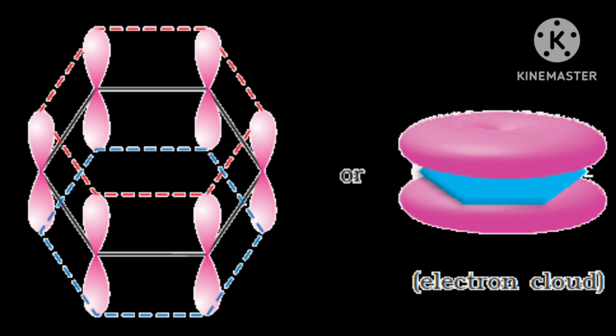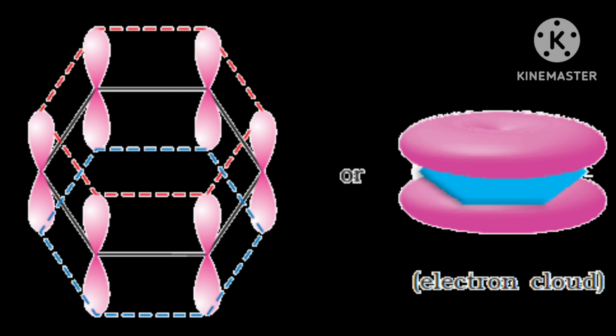Then that's why there is a special stability for benzene, a special characteristic of benzene. Now you can understand that these moving electron clouds are going to be attracted by the nucleus of each carbon.